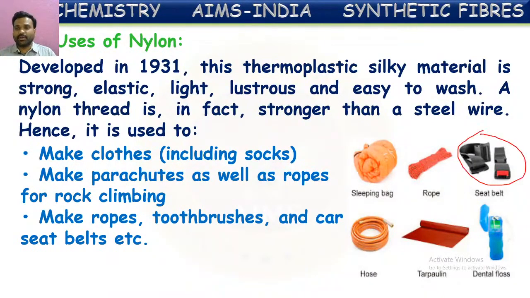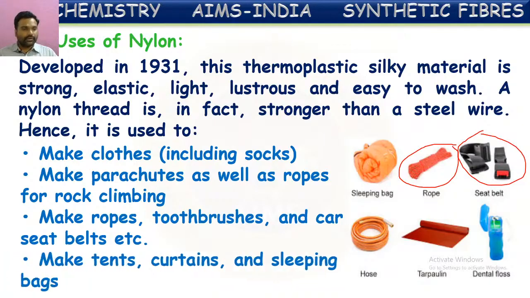These seat belts are made of nylon, and these ropes which will be very strong. Tents, curtains, and sleeping bags are all made of nylon. You can see some more here. Dental floss, which is used to clean the teeth, is also made of nylon.